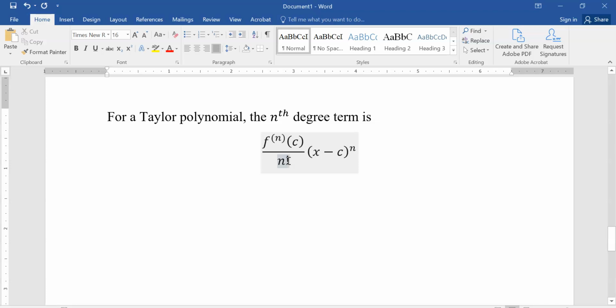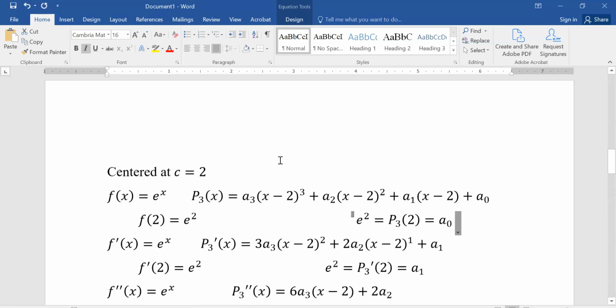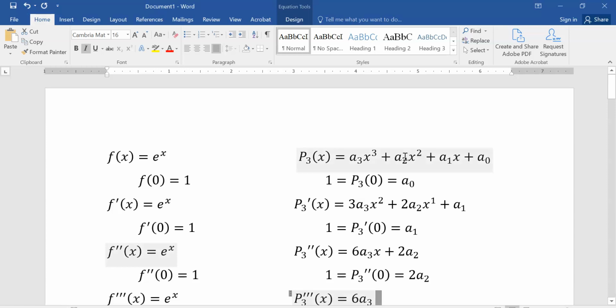And again, you can see why we happen to always need this n factorial, because when we take these derivatives, let me go up to the very first example we did. You know, the first derivative, that 3 is going to come down front, then the 2 is going to come down front. You could imagine if we started with an x to the 5th, the 5 would have come down front, then the 4 on the next derivative, then the 3 on the next derivative, then the 2, then the 1.